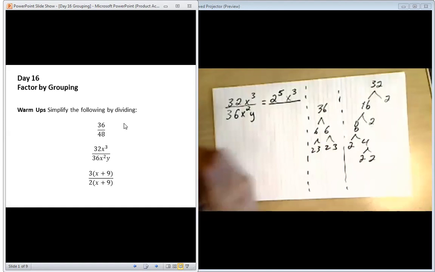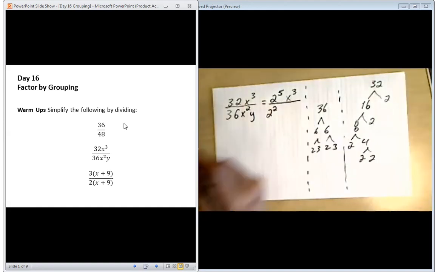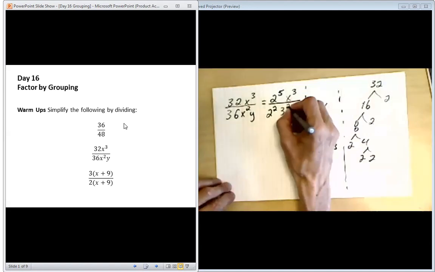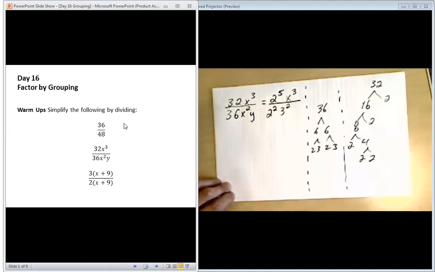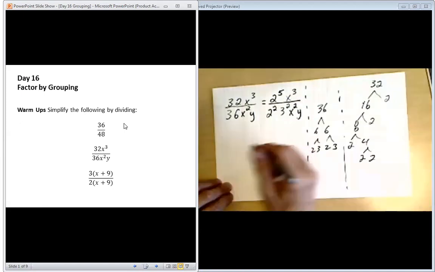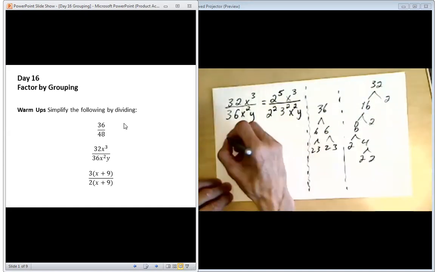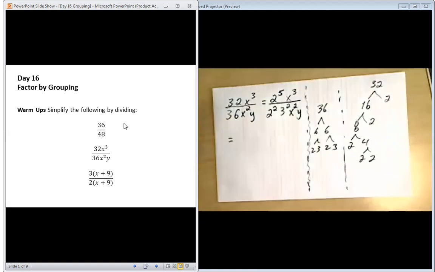Okay, so I'm going to write 2 to the 2, 3 to the 2, x to the power of 2 and y. Beauty.